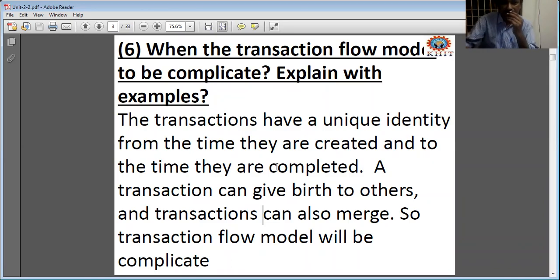So a transaction can give birth to others, and transactions can also merge. So the transaction flow model will be complicated, because it gives birth to others, and also it is going to be merged.